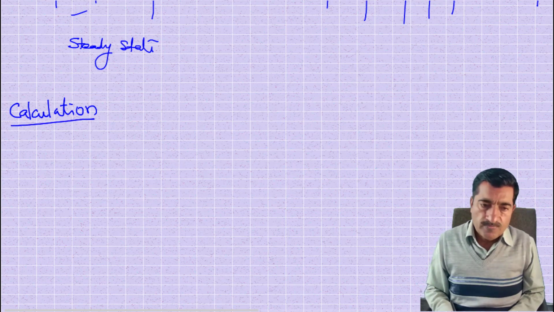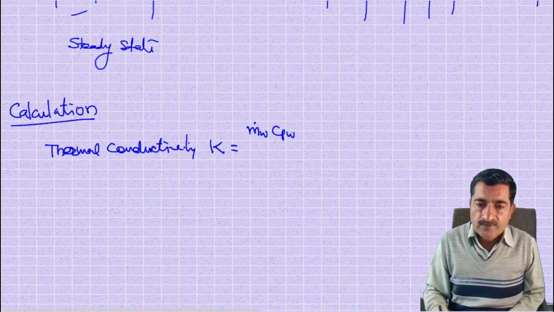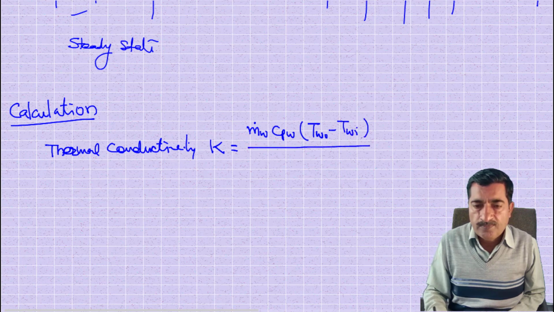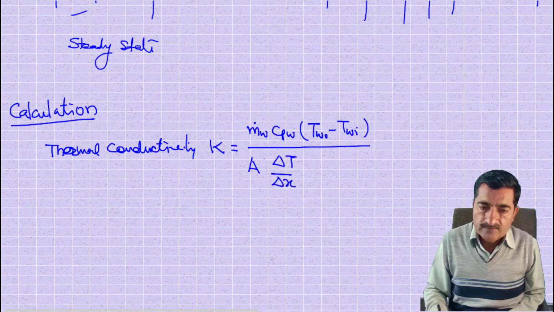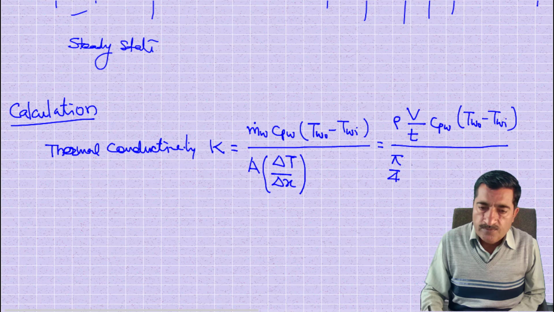Thermal conductivity K equal to mass flow rate of cooling water CPW (TWO minus TWI) upon A into temperature gradient, or density of water into volume upon time into CPW (TWO minus TWI) upon pi by 4 d square into dT by dx.